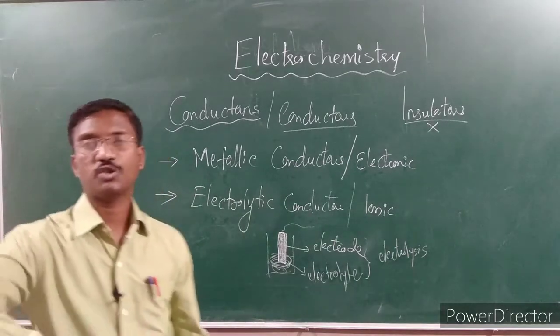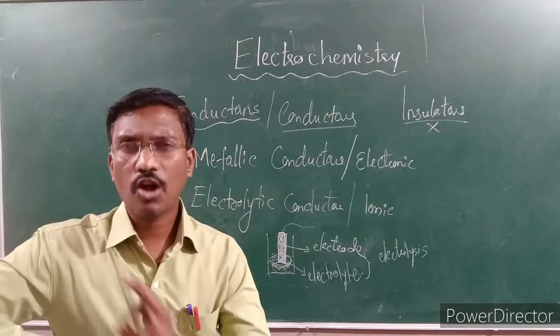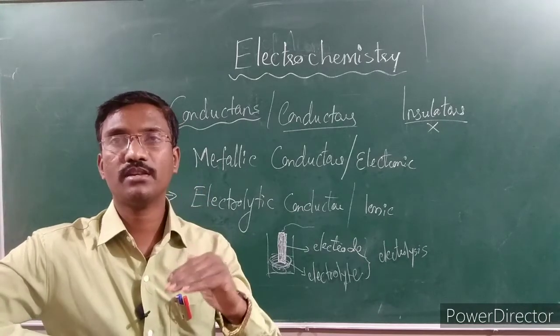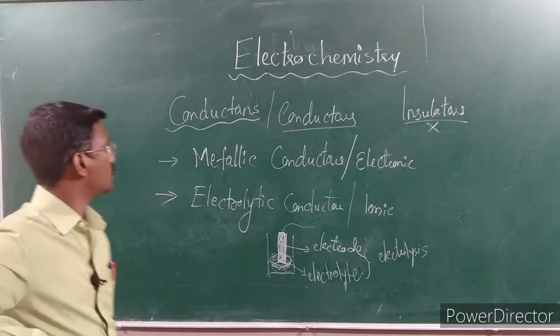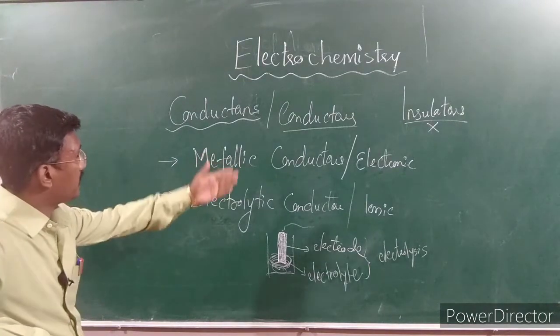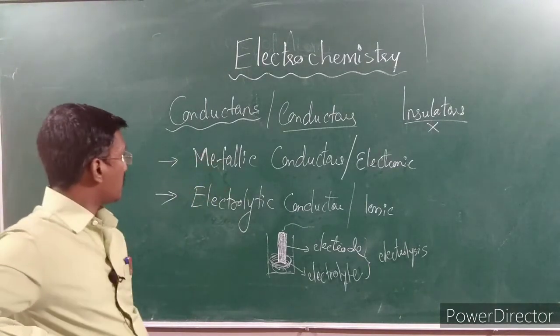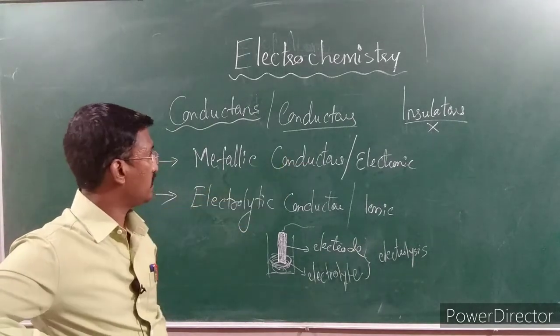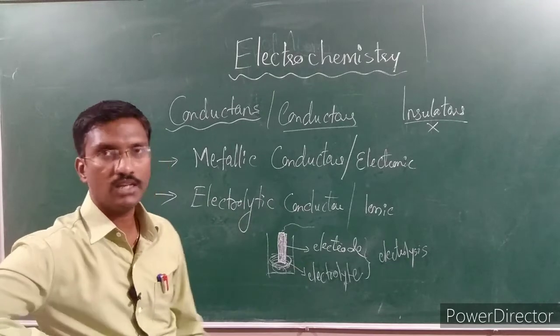So the chapter starts from here, and these are not very important, but if you understand the concepts from the basics, you can enjoy this even better. So in conductors there are two types. One is the metallic conductor, another is the electrolytic conductor. Metallic means electrons, electrolytic conductor means ions.